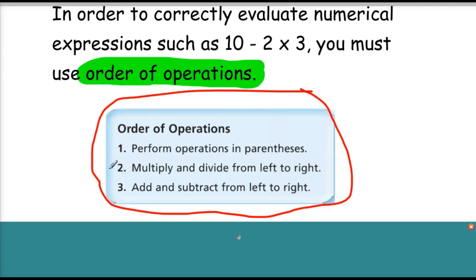My next step is to multiply and divide from left to right. So you're going to look for any multiplication or division, and you're going to complete those operations from left to right. And last but not least, you're going to add and subtract from left to right. So the last thing that you would do is complete any addition or subtraction.